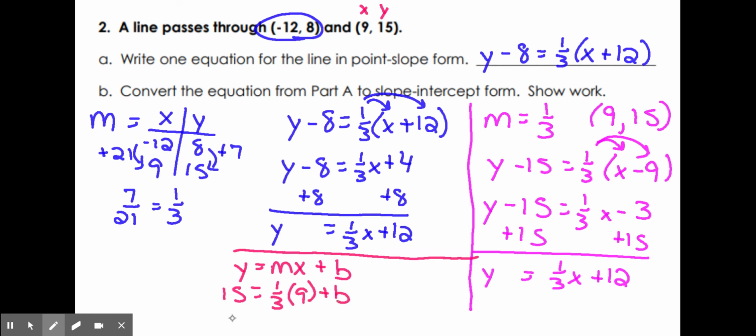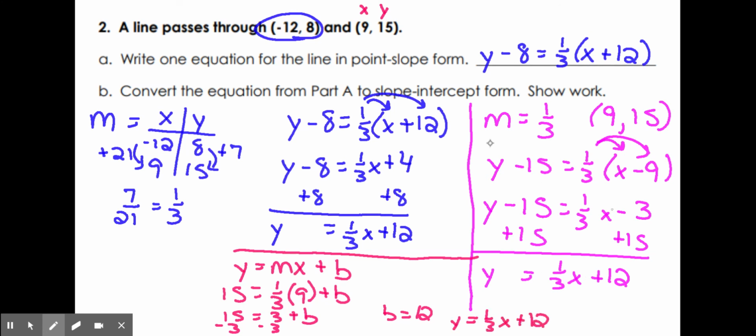Do you remember doing that? And we got 15 equals 3 plus b. And when you subtract 3 from both sides, we get b is 12. We get the y-intercept is 12, right? So the equation of the line is 1/3 x plus 12.